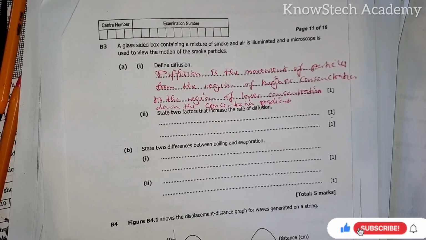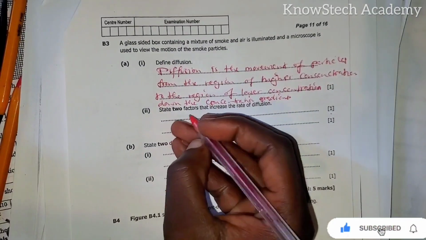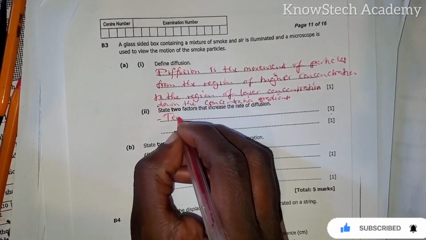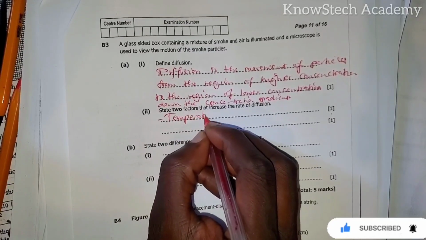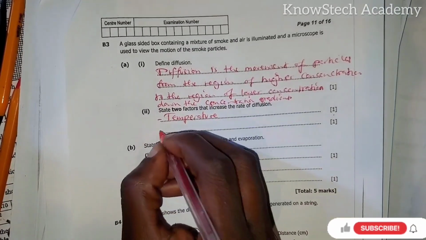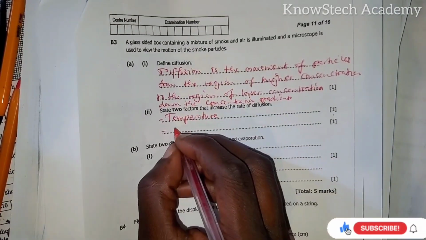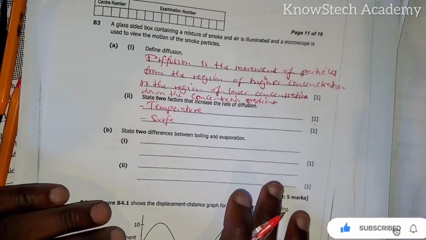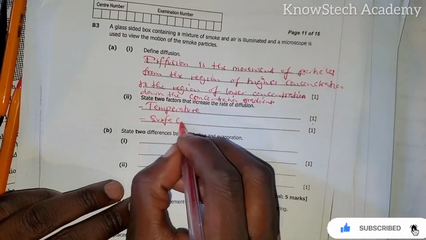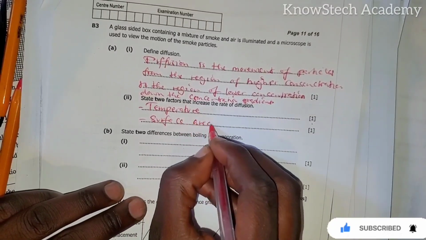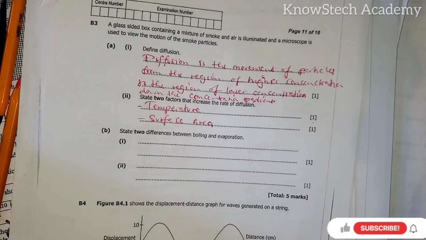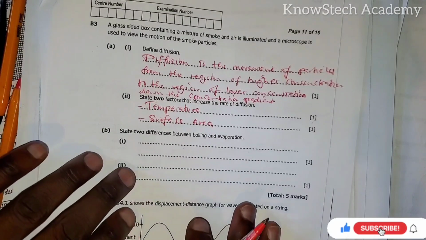So you can say temperature, you can also say surface area. There are a lot, even concentration is there. Since we are told to just write two, let's just stick to two.